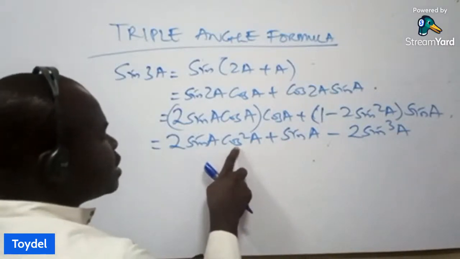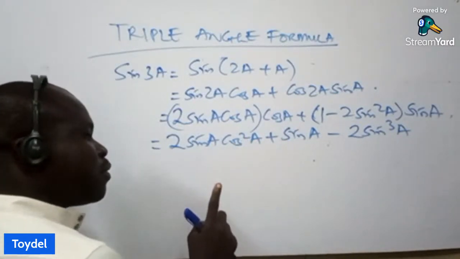Of course, from fundamental identity, sine square A plus cos square A is equal to 1.